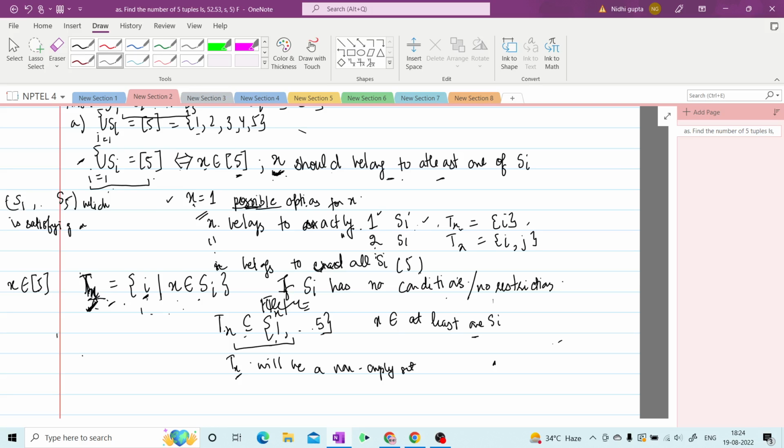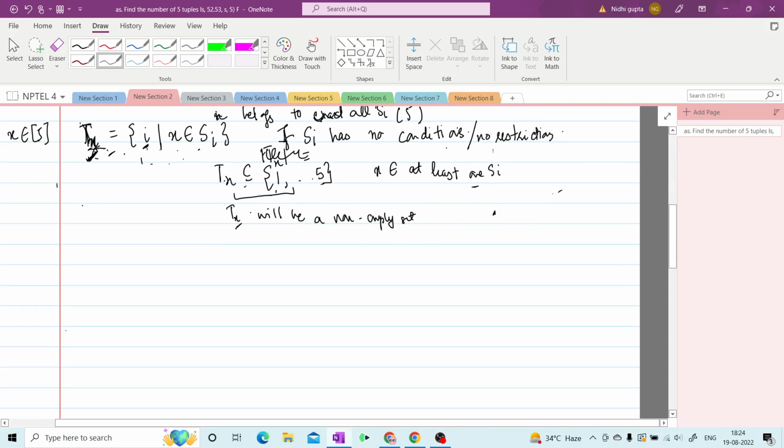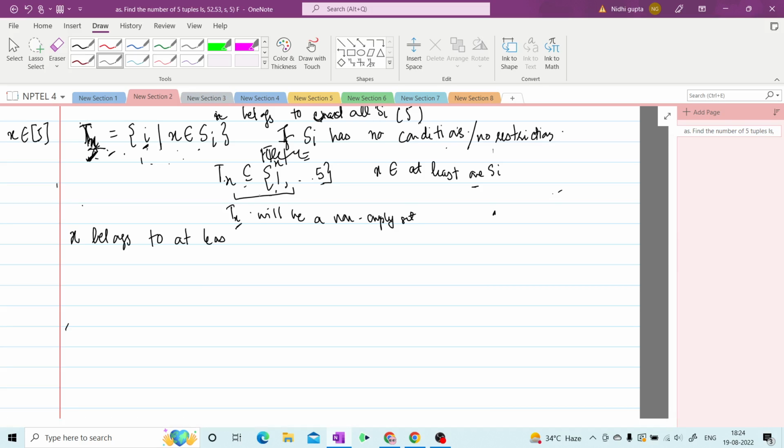Yes. So we saw earlier that we want x to belong to at least one Si, and there are five Si. So what are the options? It is belonging to exactly one Si, exactly two Si, up to exactly five Si.